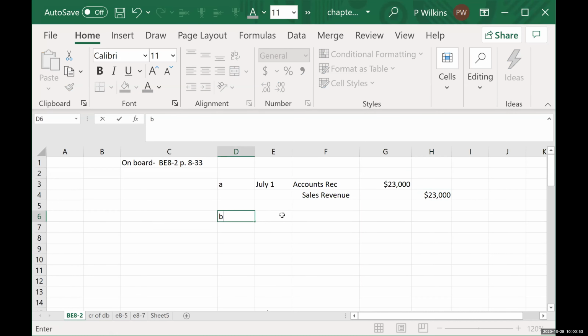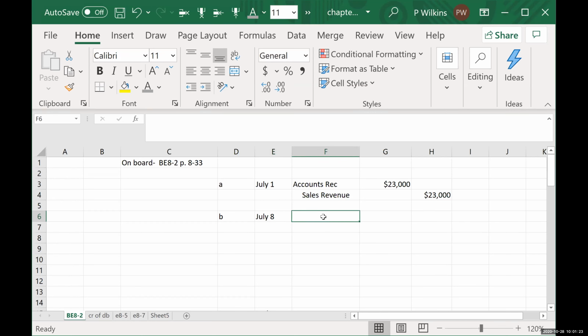All right, so now we're gonna go to B. And B says, on July 8th, Stacy Incorporated returned merchandise worth $2,400 to Jarvis Company. So July 8th is the date of the return. We are the seller. So as the seller, everything does not go to inventory.